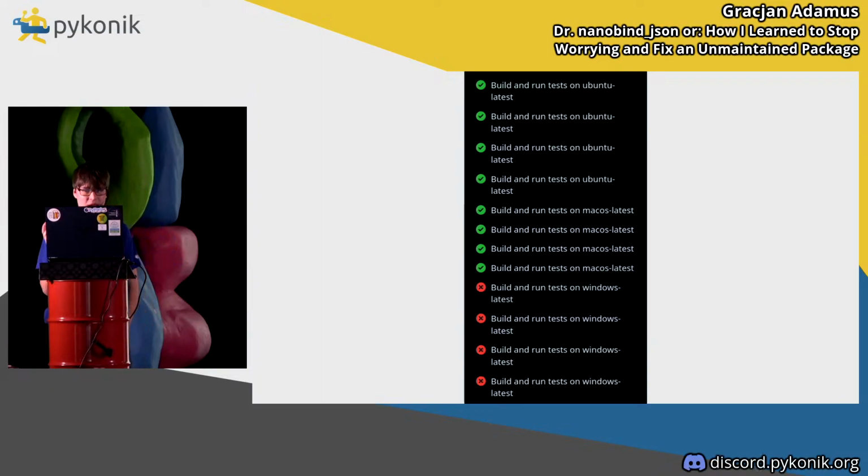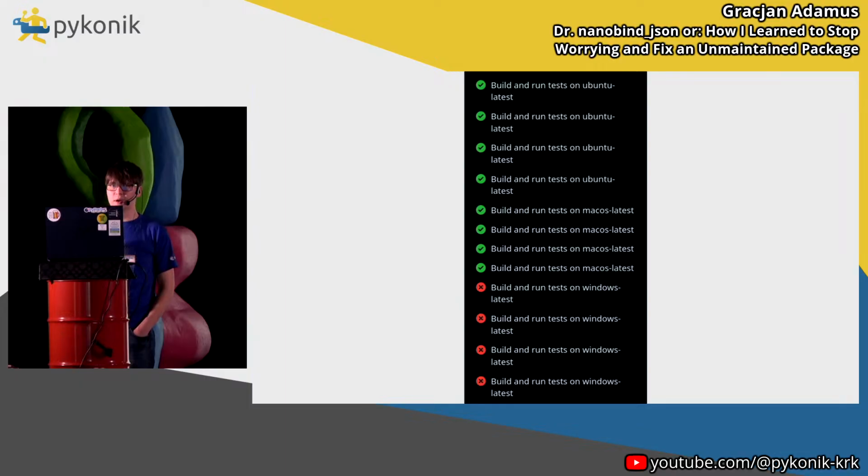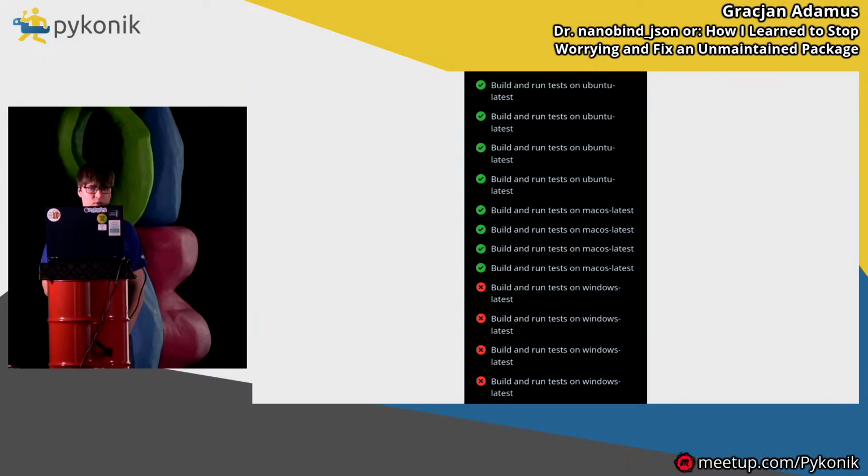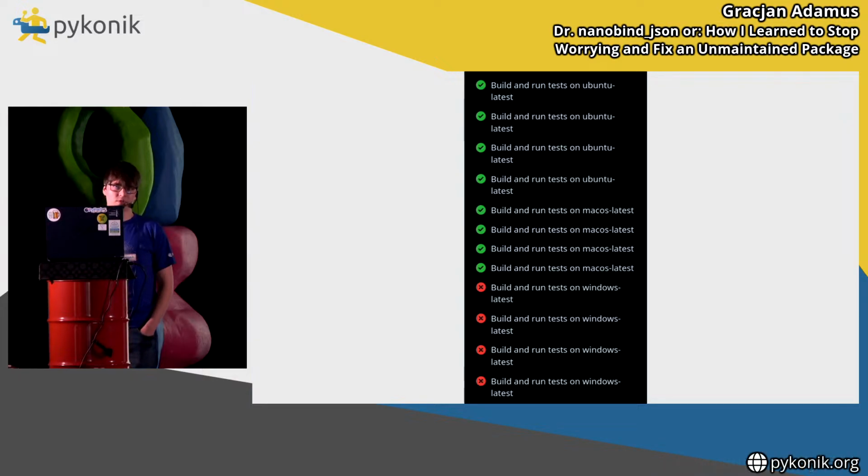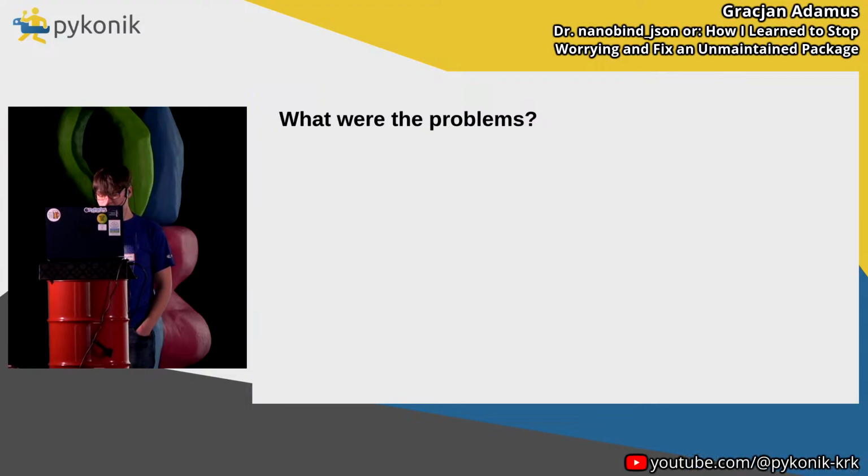So after a couple commits and fixing stupid stuff, we arrived here, where Ubuntu was passing, macOS was passing, and Windows was failing. So my idea was, OK, Windows, as always, breaks something, then I will just leave only Windows and debug there. Which we will see wasn't exactly easy.